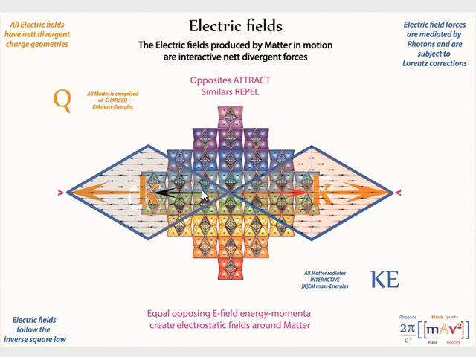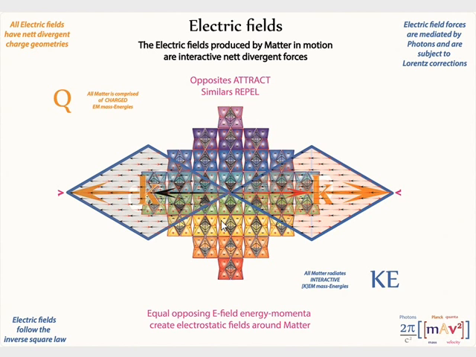You'll note that this time I've illustrated it purely from the electric field perspective, so there is no gravitational field resulting from the convergent vacuum energy surrounding this matter. It's purely the electric field geometry we're interested in this case, and again the strength of that field is determined by the energy momenta in the field. In the case of chem fields, it's proportional to the square of the velocity of the particle.